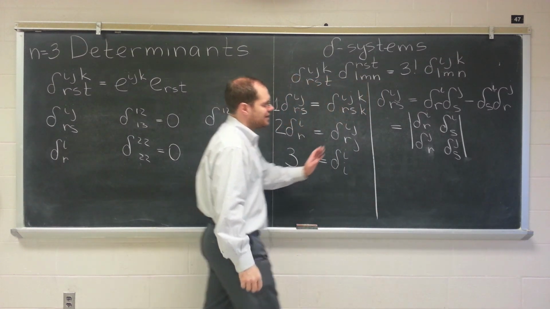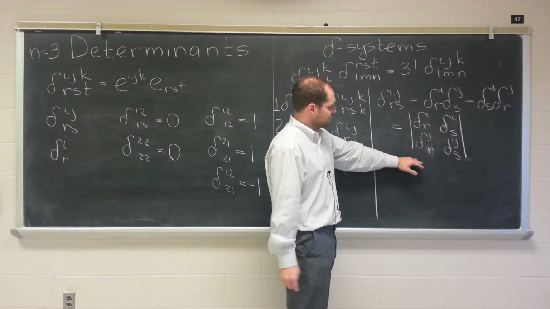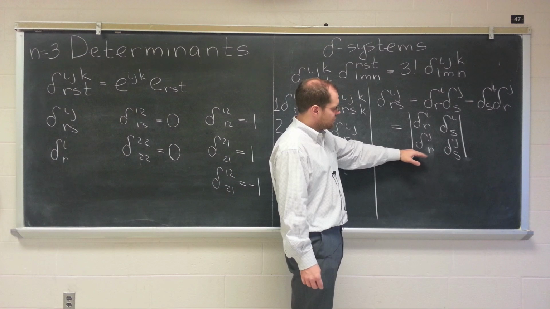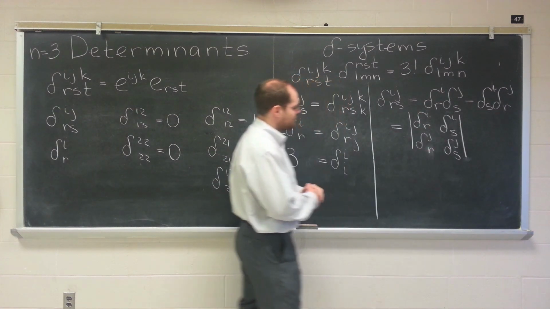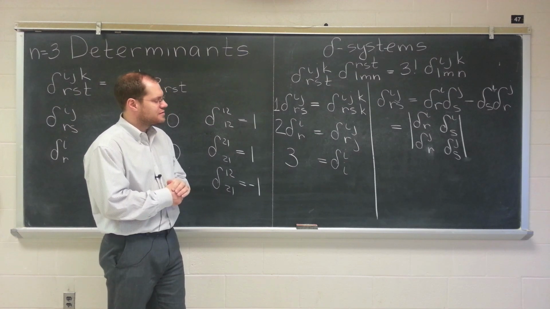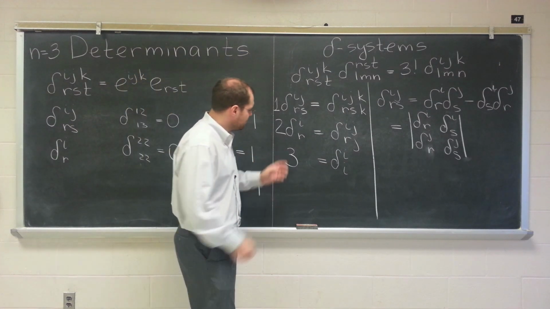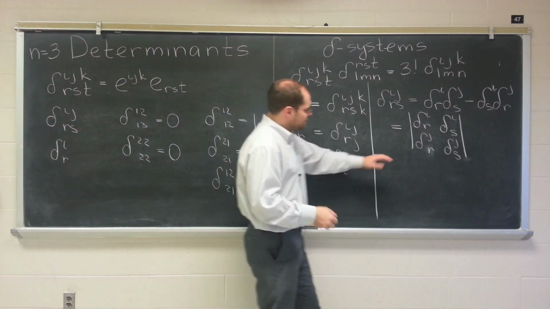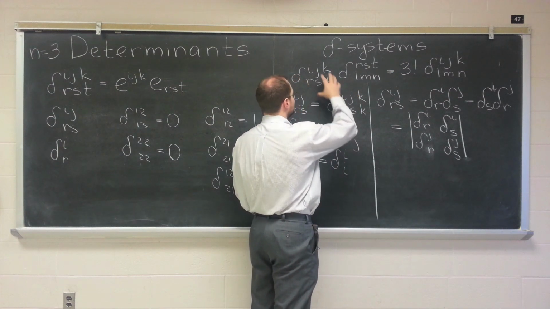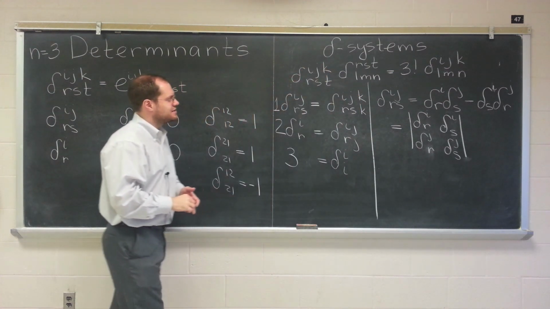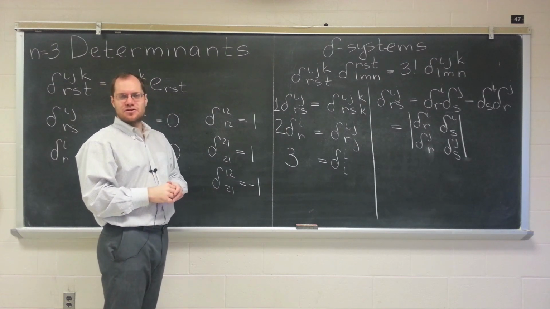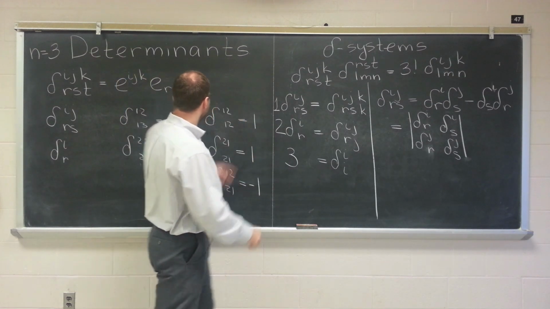So this is just a convenient way, or maybe not so convenient, of remembering this expression. I don't think it's so convenient. But the convenience of this approach becomes apparent when we try to express the full delta system in terms of individual Kronecker deltas. And I will do it here.